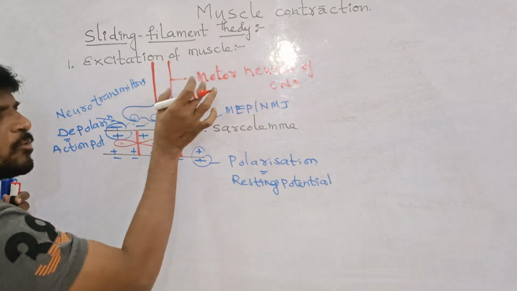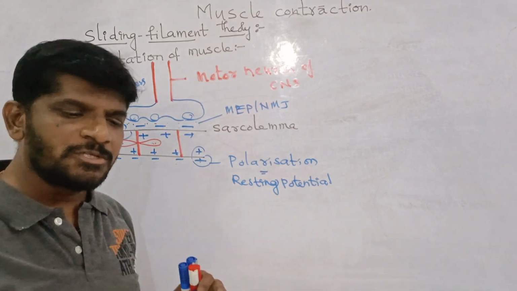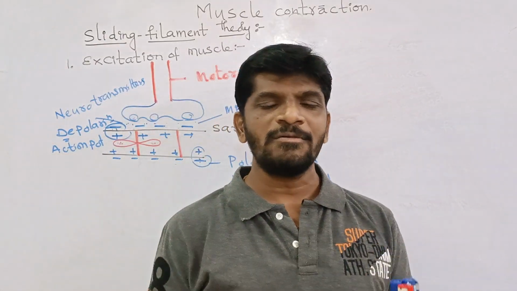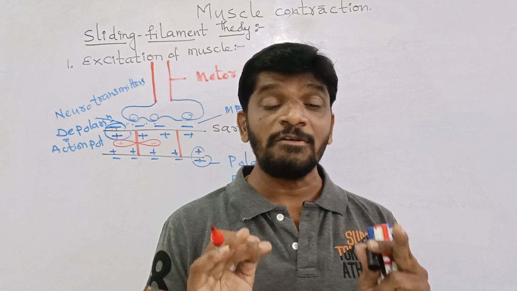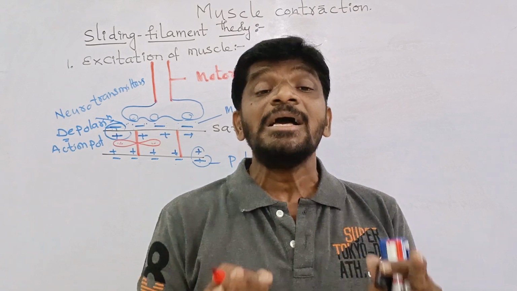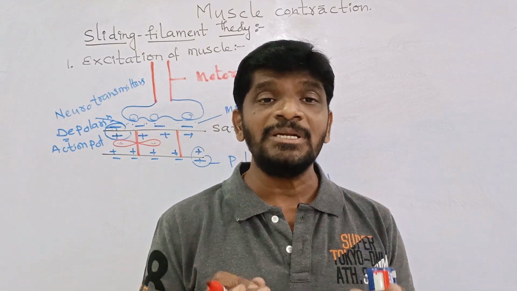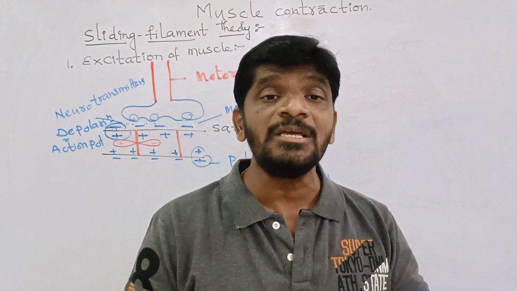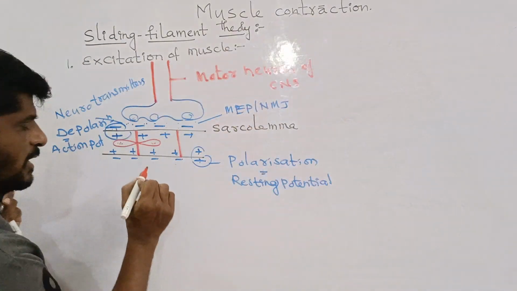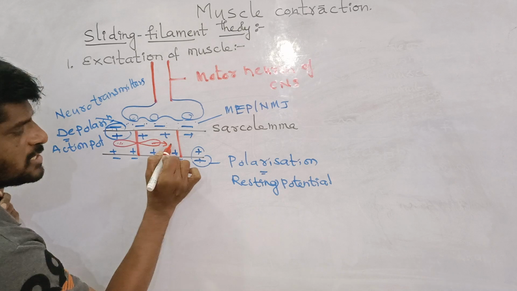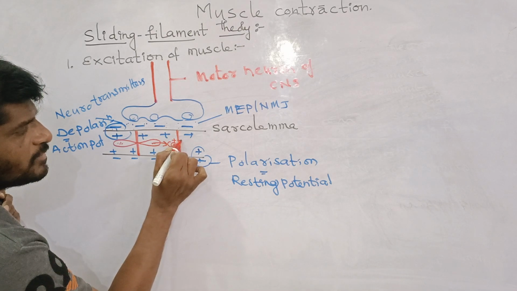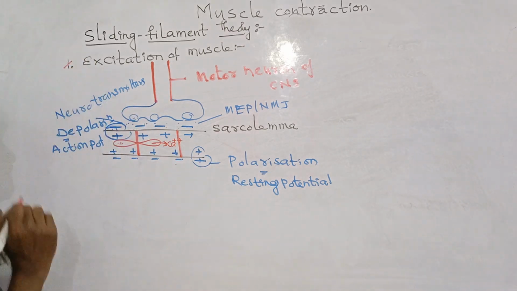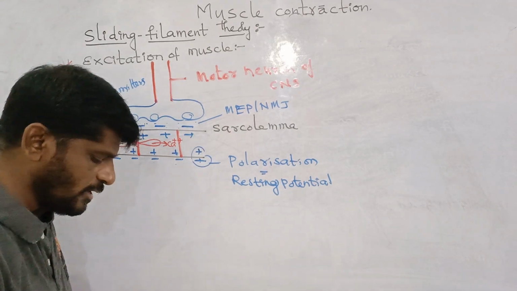Therefore, when the motor neuron of the central nervous system stimulates, the sarcolemma undergoes depolarization, and the depolarization wave enters into the triad system. Ultimately, the calcium ions present in the terminal cisternae are released out into the sarcoplasm. And this is the meaning of the excitation of the muscle, the first step in the muscle contraction.